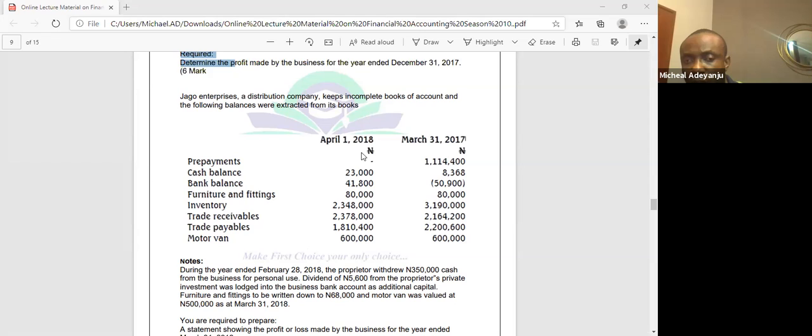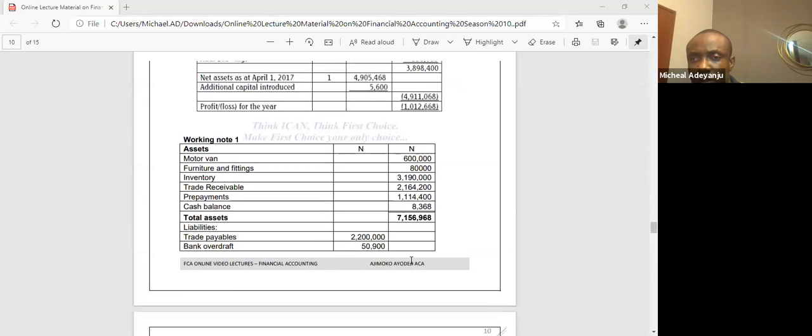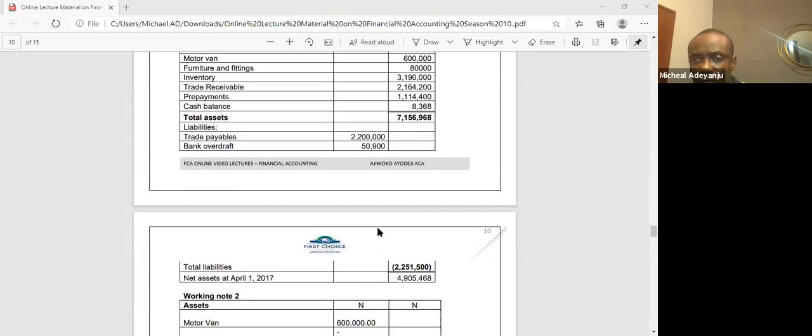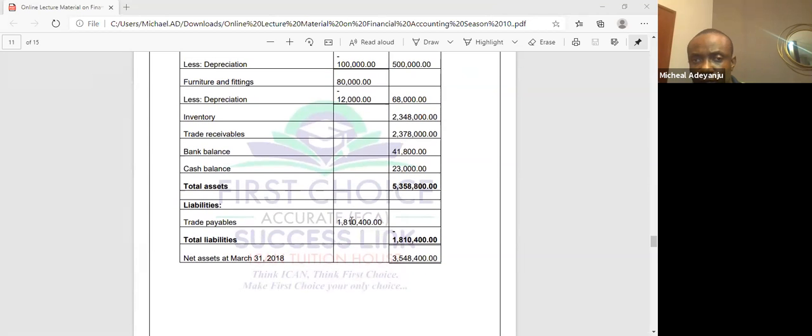So we have cash balance of 1,114,000, which should be actually somewhere here. The calculator is freezing.